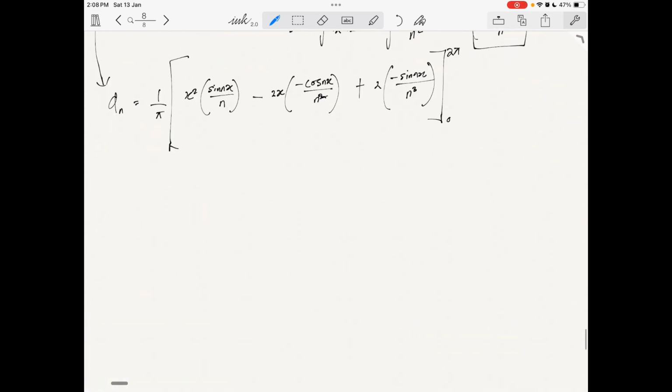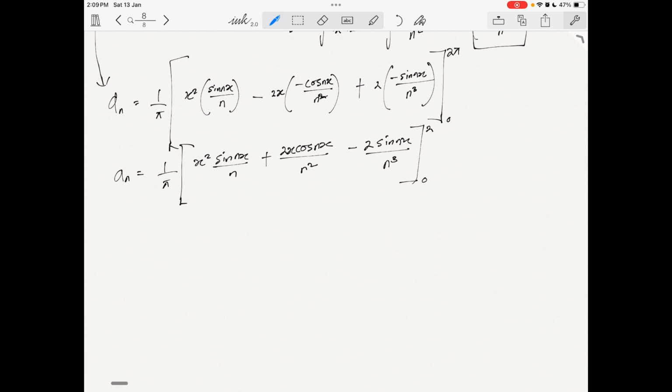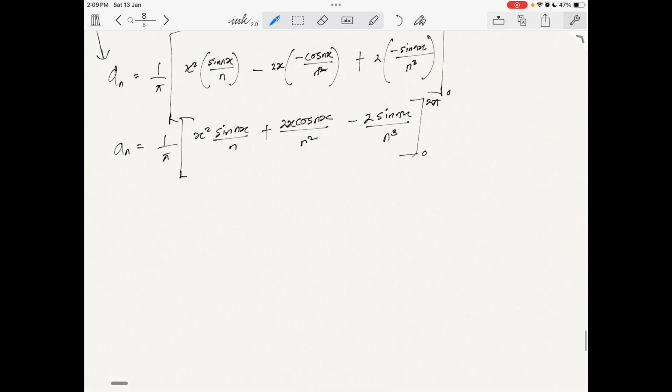Now we proceed further. So we have an is 1 over pi for x squared sin nx over n minus 2x multiplied by minus cos nx over n squared to give us plus 2x cos nx over n squared, and we have minus 2 sin nx over n cubed from the limit of 0 to 2 pi.